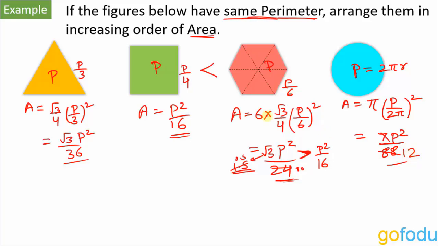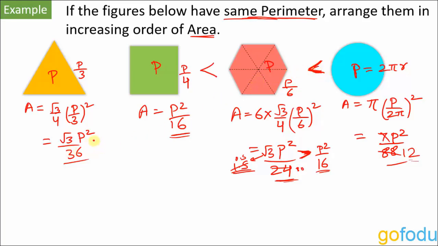That means the area will be more than P square upon 16. 16 is greater than 12. This denominator is smaller, then the area will be bigger. So P square upon 12 is much greater than P square upon 16. This area of hexagon was slightly greater than P square upon 16. Area of circle is much greater than P square upon 16. That means this area will be greater than area of hexagon.